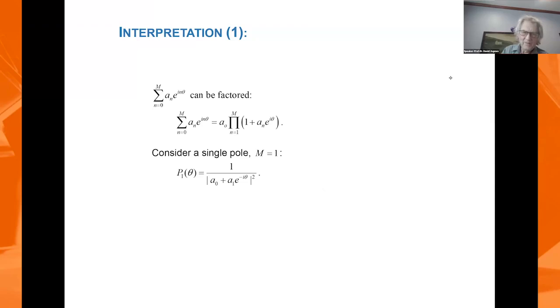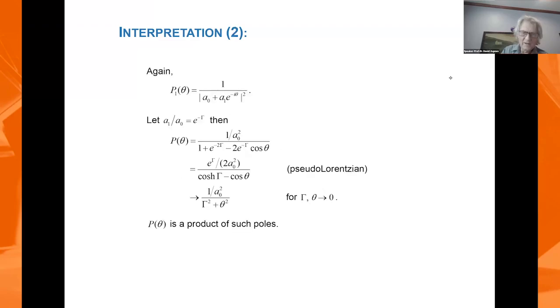And this is kind of neat because if you take one of these and expand it, here's my expression on the top again, you let a1 over a0 equal e to the minus broadening parameter, and you end up with an expression on the third line down here. And now if you multiply the denominator by e to the gamma, you end up with an expression that's cosh gamma minus cos theta. If you do a small term expansion of this function, then you get the Lorentzian, okay?